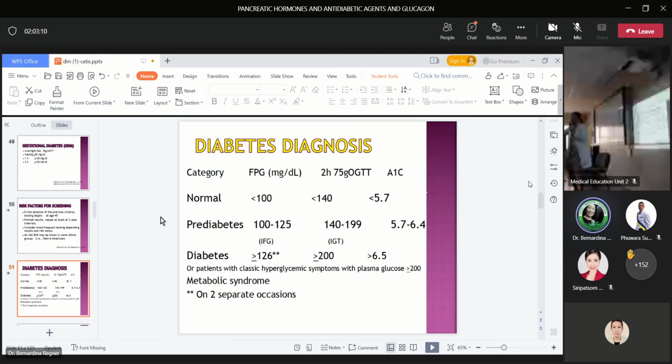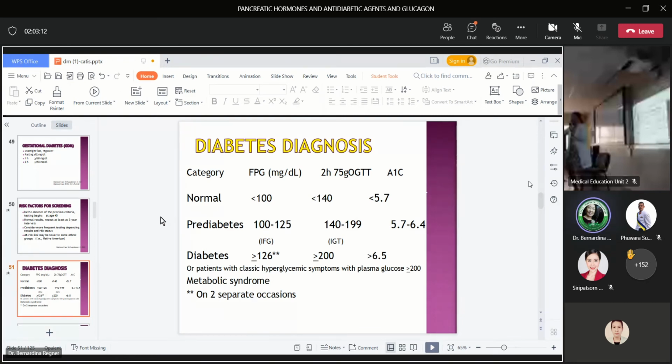Okay, pre-diabetes. In your fasting blood glucose, a pre-diabetic patient will reflect 100 to 125 milligrams. And then 2 hours, 75 grams oral glucose tolerance test, it's 140 to 199. Then glycosylated hemoglobin, which will more or less tell you how your patient's blood glucose control has been in the past 3 months, you have here 5.7 to 6.4.